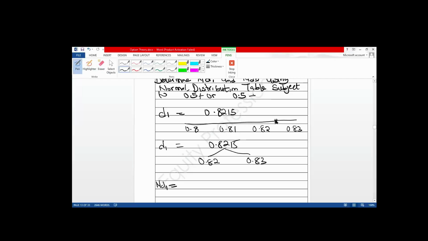So the question is, when are you going to apply 0.5 plus, or when are you going to apply 0.5 minus?